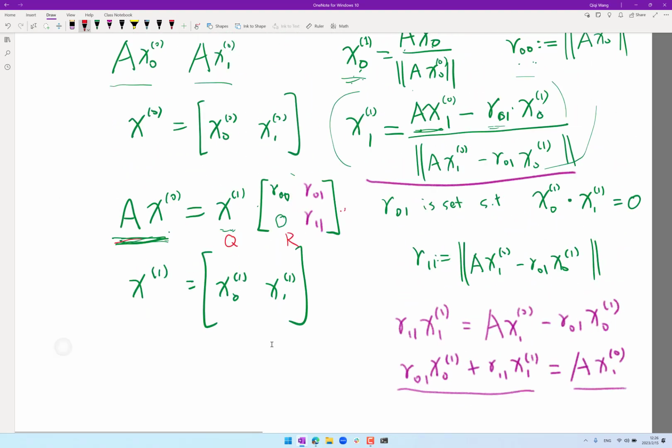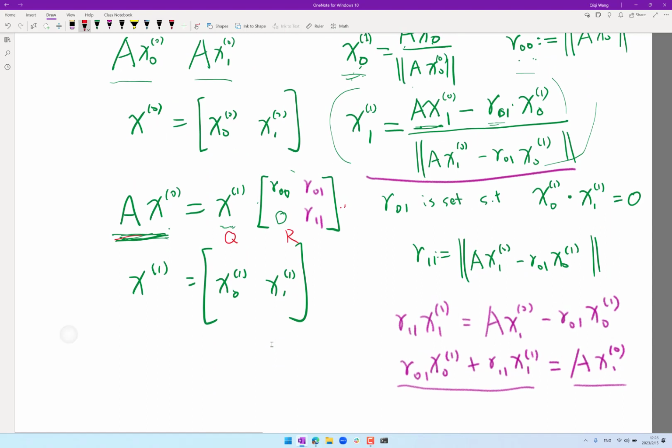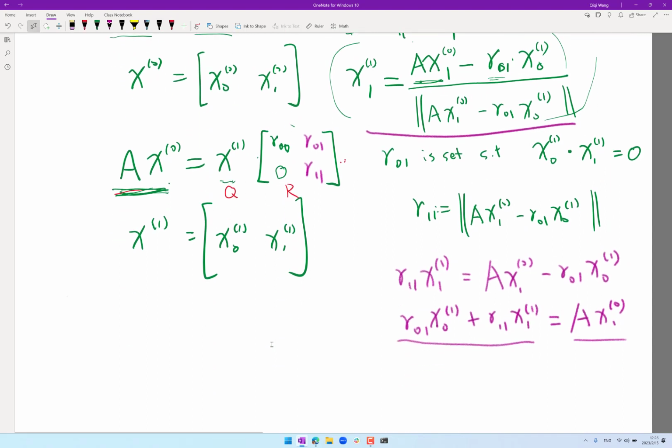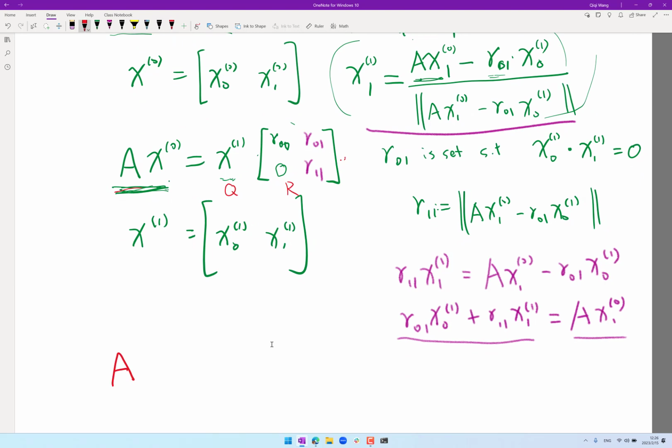As you perform many iterations, A to the kth power of x0 is going to be equal to xk, which again is an orthonormal matrix, multiplied with many of these R matrices. So for example, if I call this R1, and the second time I do it, I make it R2. Actually, let me see which way it is. Yeah, R1 times R2, R3, etc., all the way to RK.